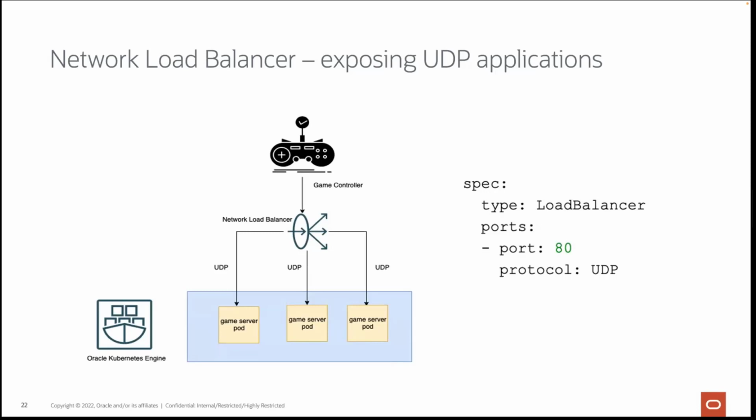You could specify the protocol right here and make it explicit that you want a network load balancer with protocol UDP, which would create a listener with UDP protocol and accept your connection requests. So this is one of the ways you could also run non-HTTP based workloads on OKE.